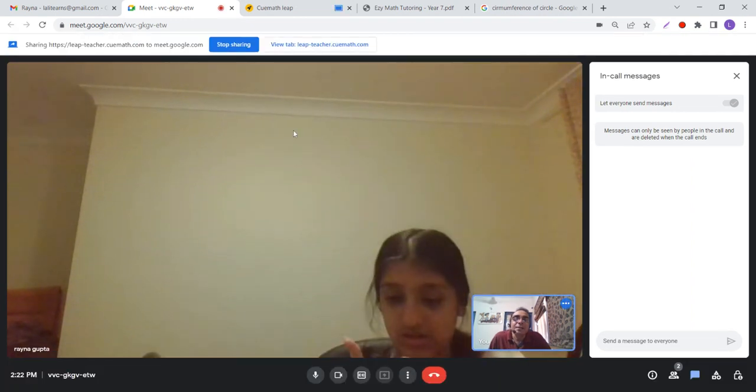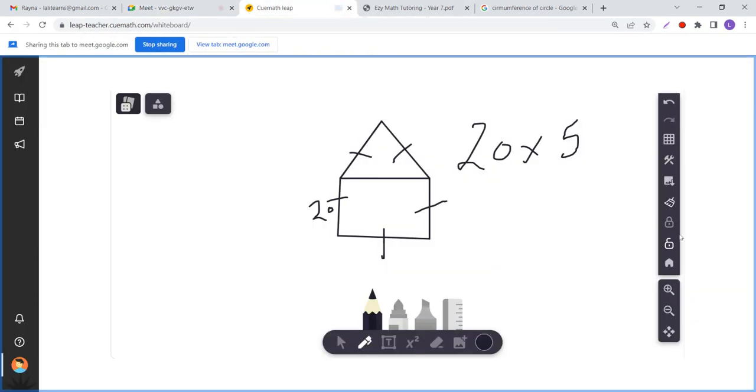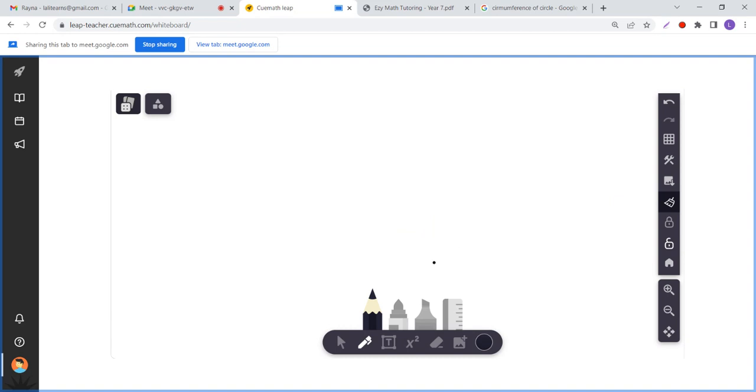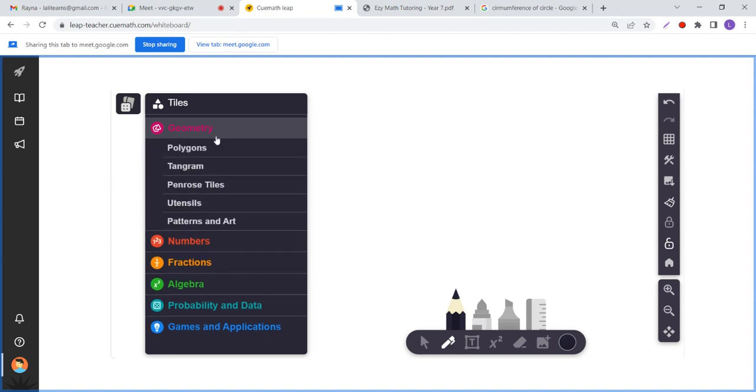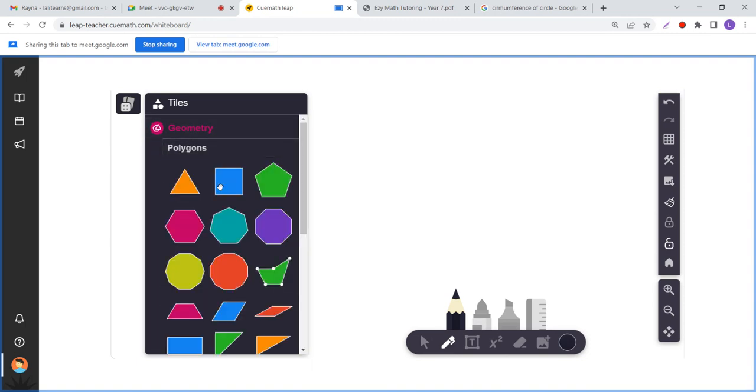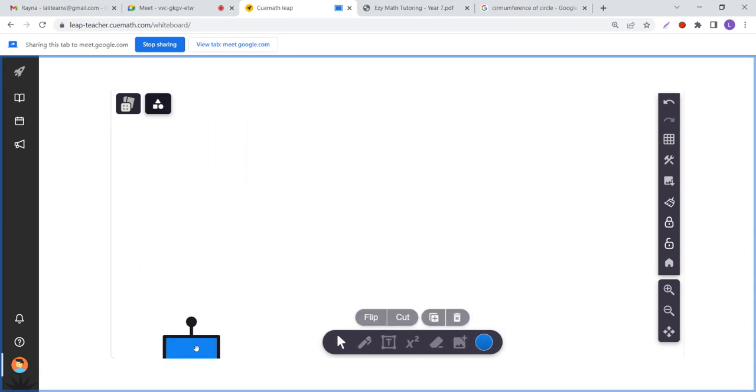Let's see here. Now what I do is to make it convenient, let's take a shape over here. A rectangle. That is a rectangle, and what it says is this.